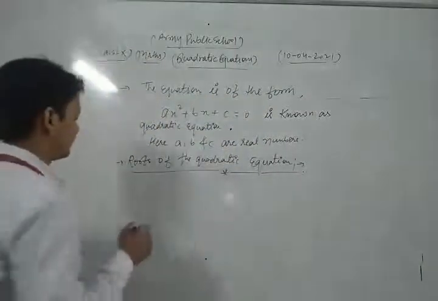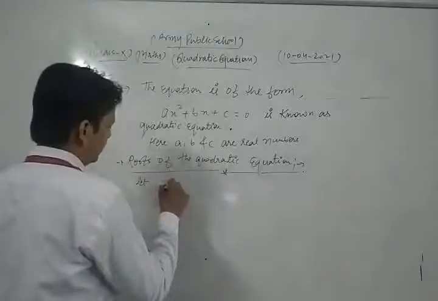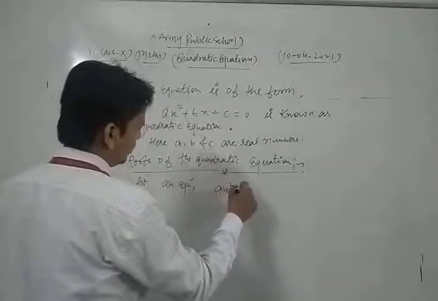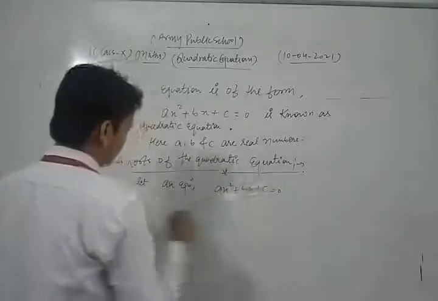Suppose we have a quadratic equation ax square plus bx plus c is equal to 0.